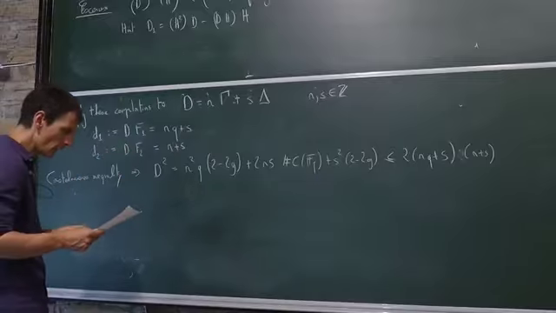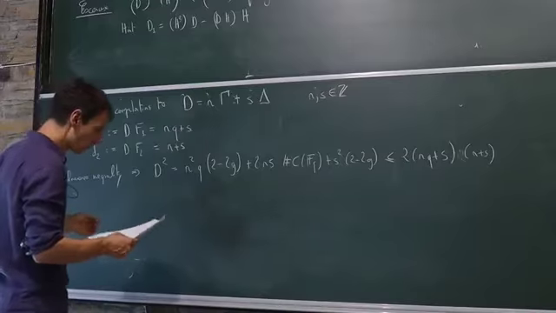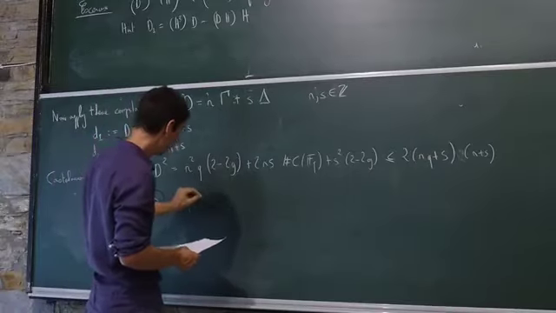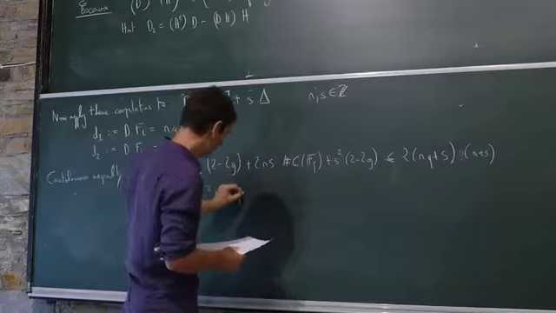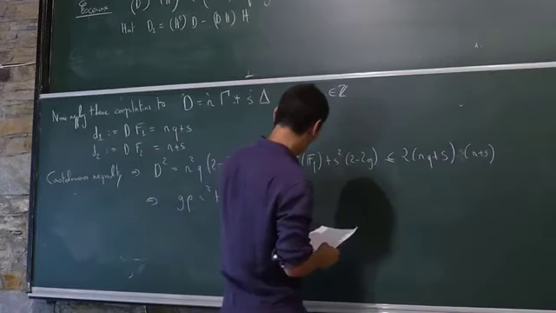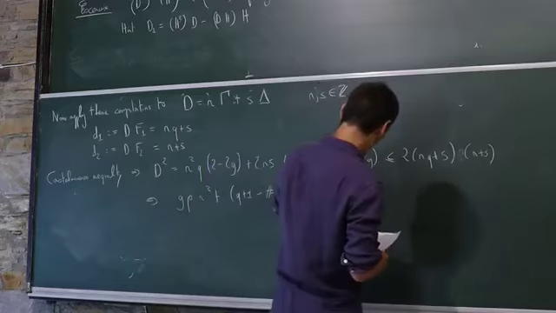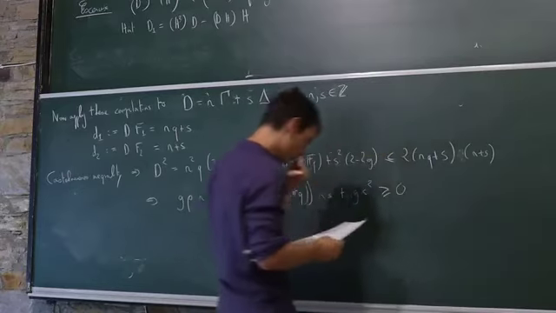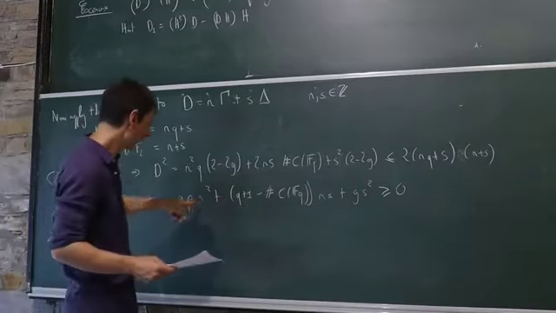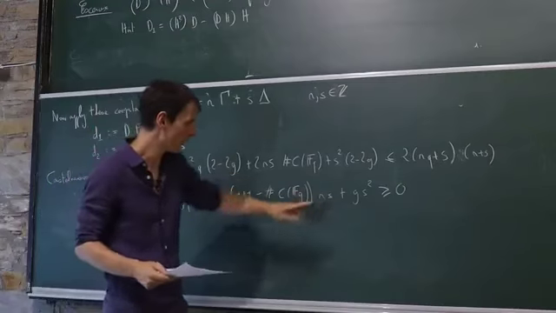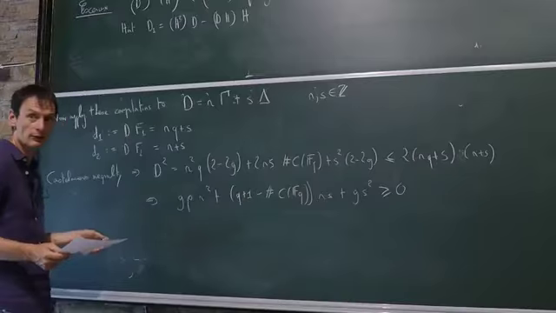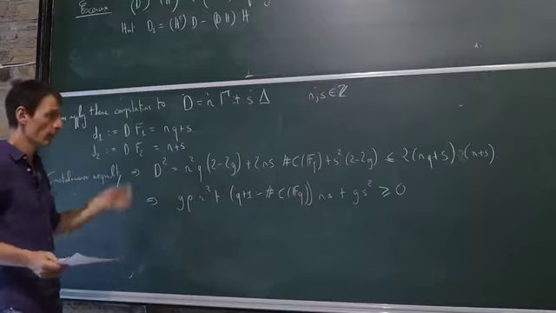Okay? And now you move everything around, and what you see is that you get gQ R squared plus (Q plus 1 minus the number of points of C over Fq) RS plus gS squared is greater or equal to 0. If you look at this as a homogeneous equation in R and S, you want the discriminant to be negative, or at least non-positive, because otherwise it would have zeros.